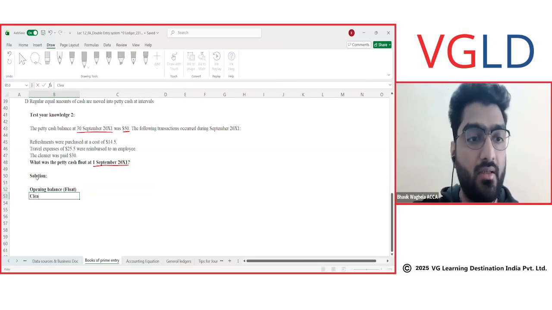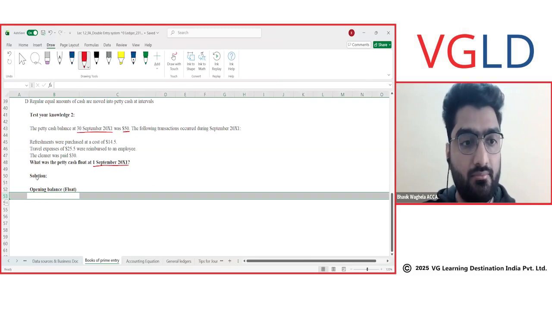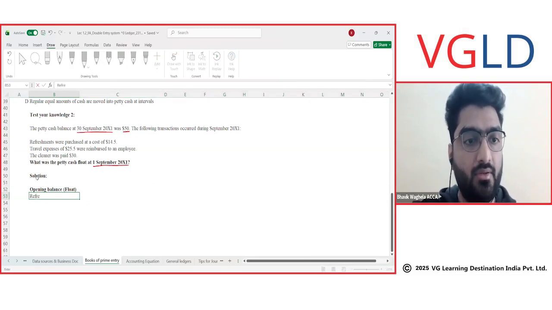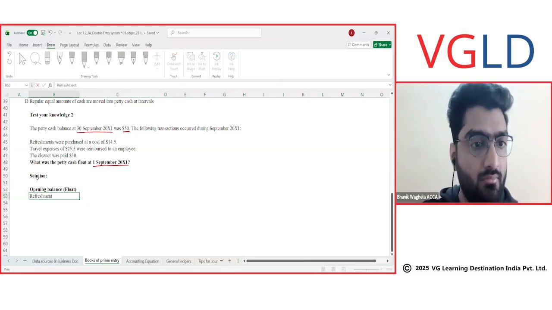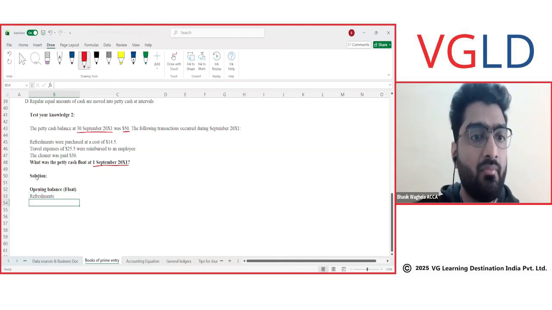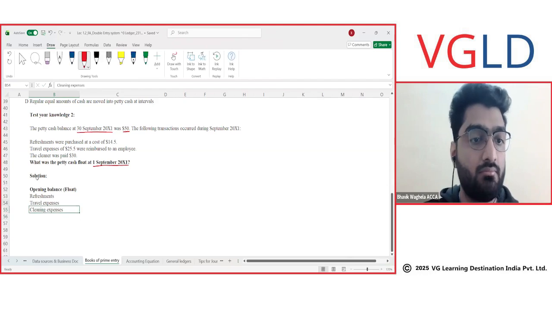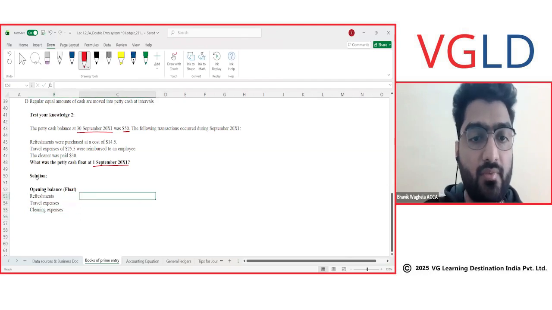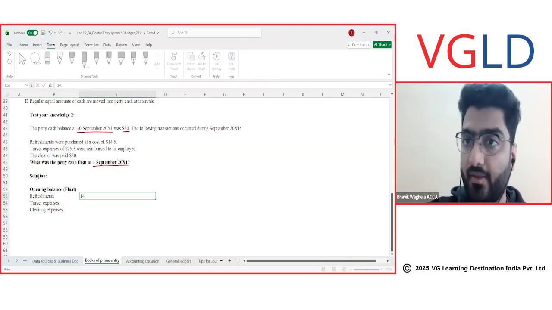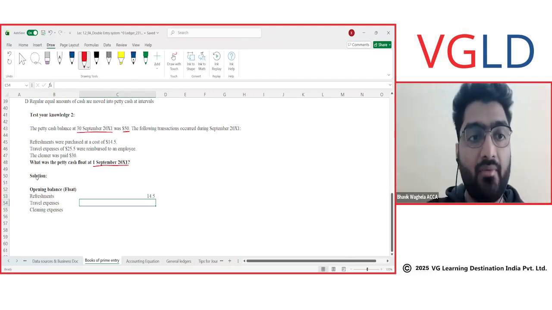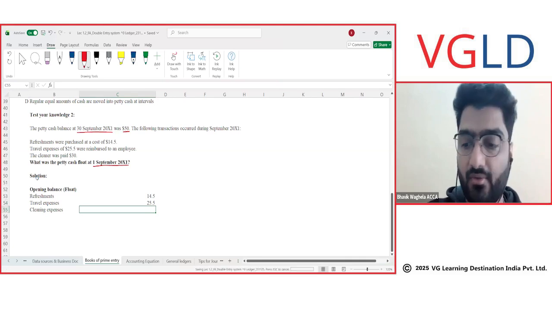From this, I have my refreshments, travel expenses, and cleaning expenses. How much do we have? 14.5 for refreshments, 25.5 for travel expenses, and 30 for cleaning expenses.